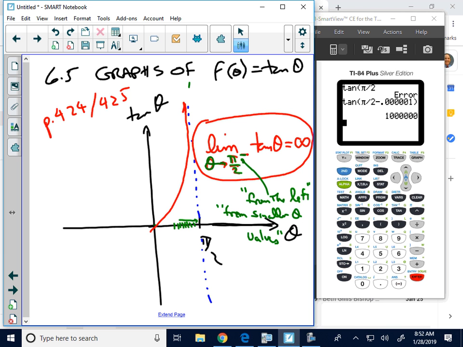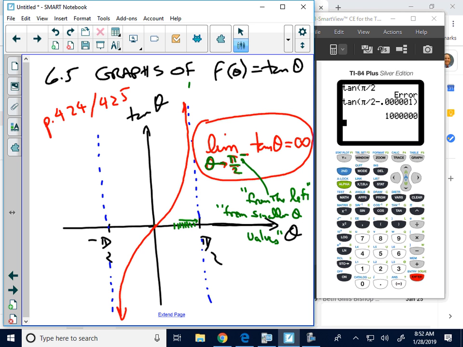Now, I guess I should show you an entire period of this tangent function. There's another vertical asymptote right here at negative pi over 2, and the graph does this. Let me draw in the asymptote first. And the graph goes down. Okay.